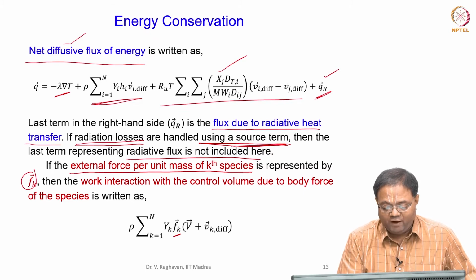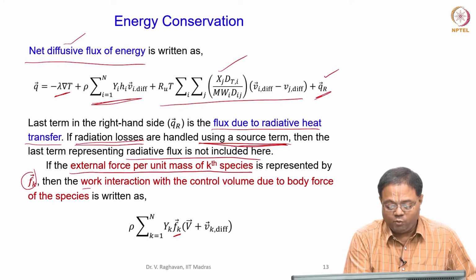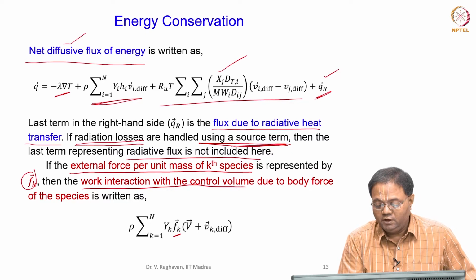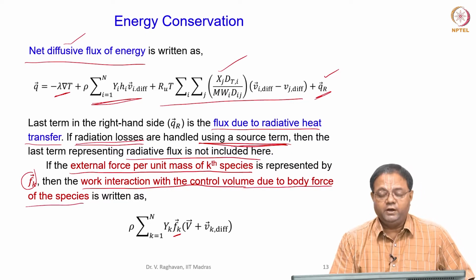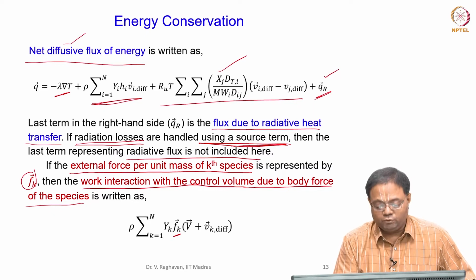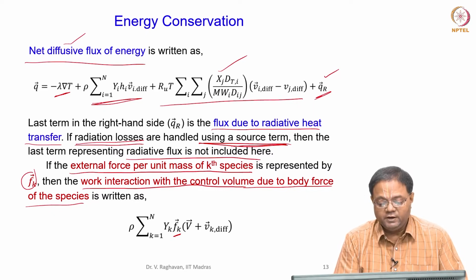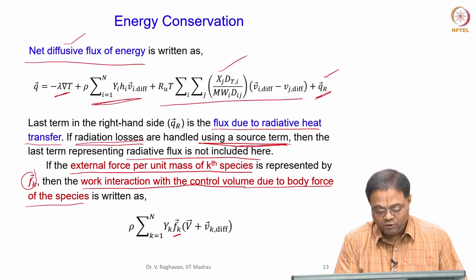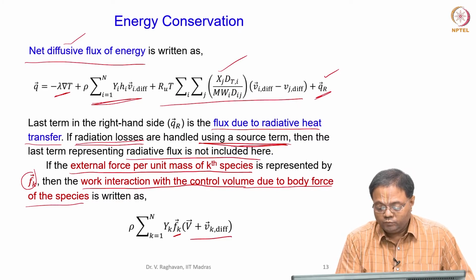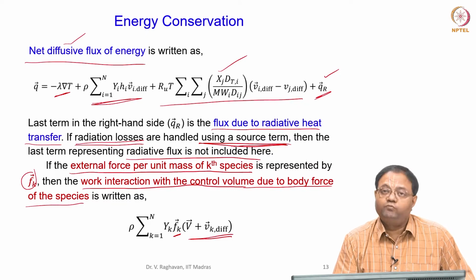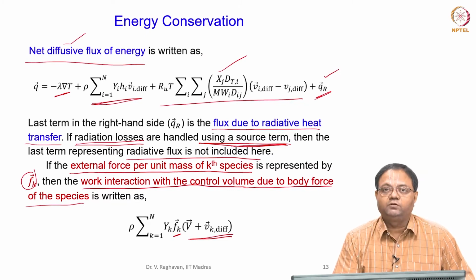When you have such a representation, the work interaction with the control volume due to body force of the species is written as the mass fraction of the species into the body force of the species, that is the external force per unit mass, into the velocity of the species. What is the velocity of the species?